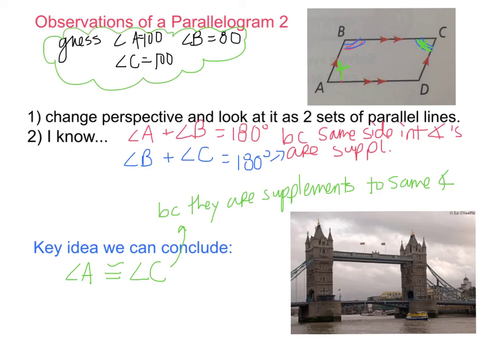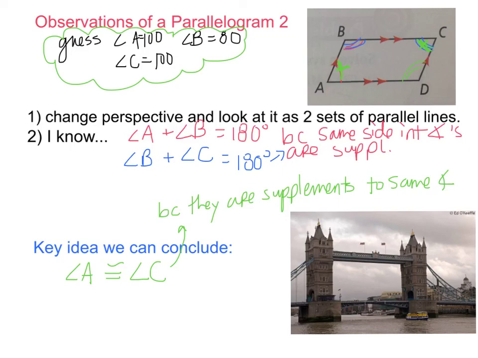So A is congruent to C, and you know what? If we did the same experiment, we could have switched it, and we could have rigged it so that we could show that B plus A is 180, and A plus D is 180. They both are supplements with A, so B and D are, yep, you guessed it, also congruent.